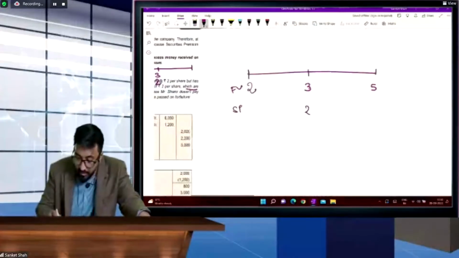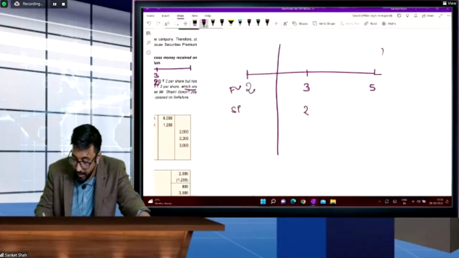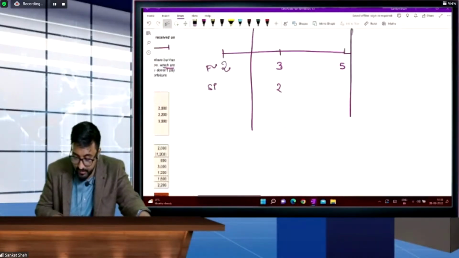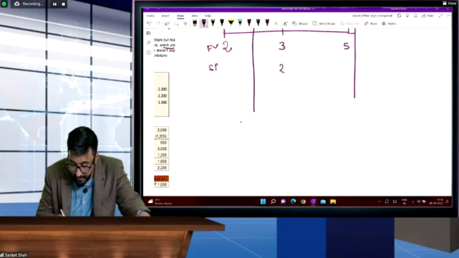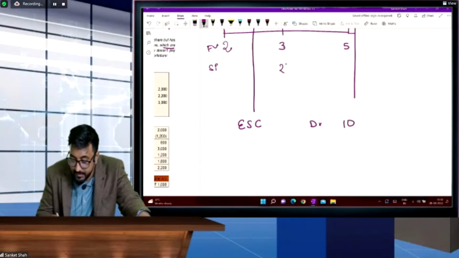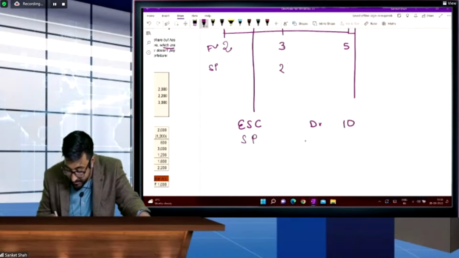Shami doesn't pay allotment money and first call. So what is the entry? See the entry. Equity share capital account debit 10. Security premium not received, therefore cancel rupees 2.